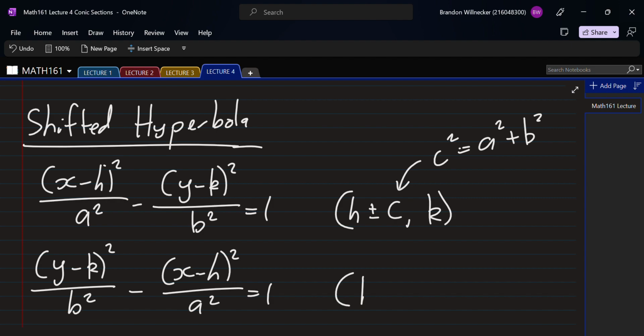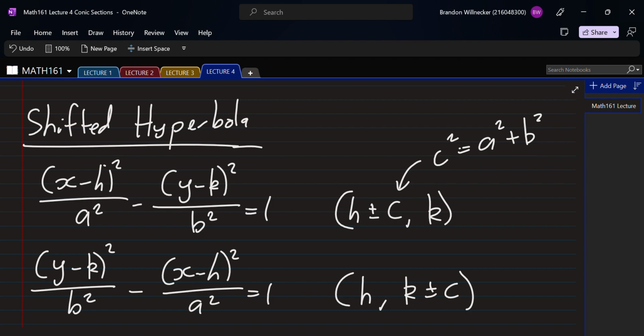So this will be h for the horizontal shift, and then we shift the foci up and down because they will be vertically orientated. So that will be k plus or minus c, the same c as before. And then the vertices will also shift accordingly.